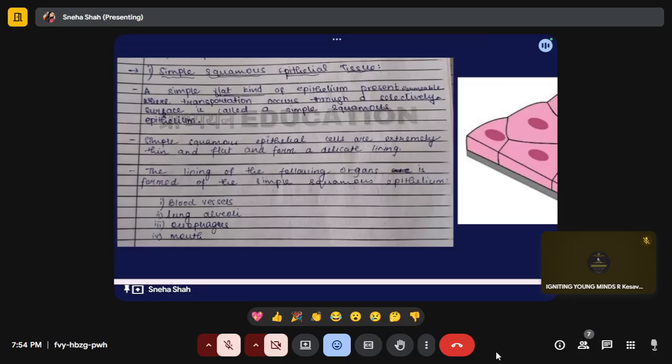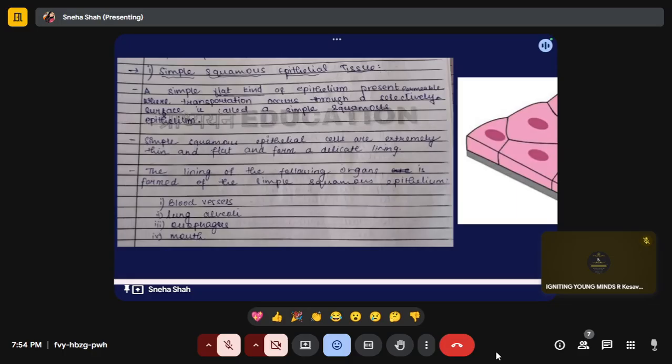Third one is esophagus. Esophagus is nothing but your food pipe, where your half chewed food, which you chew in your mouth, goes down into your stomach. Now, why does the lining of the esophagus have to be so thin? Because it will allow the easy passage of food. In your mouth, the food is not digested.